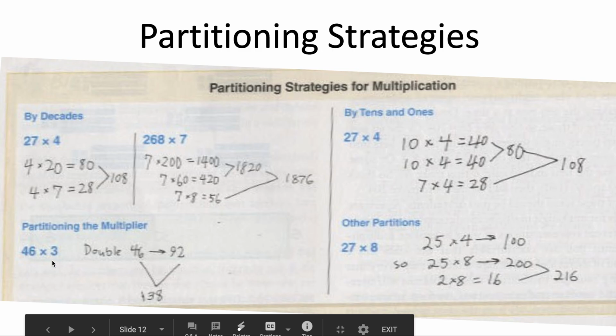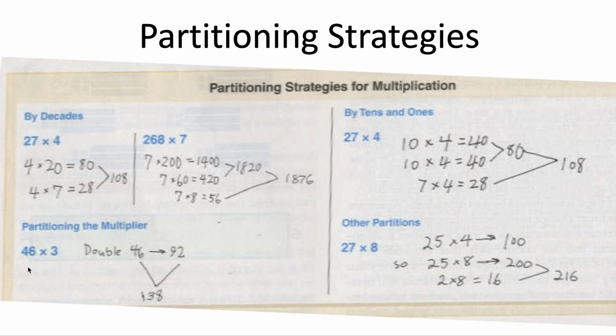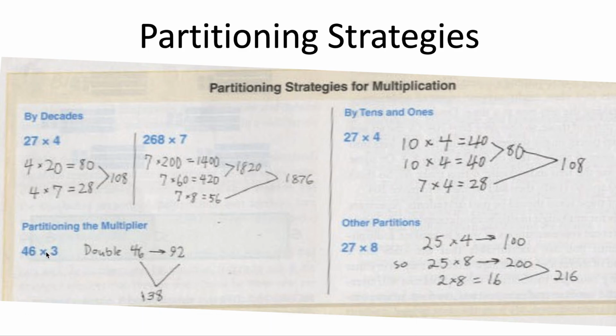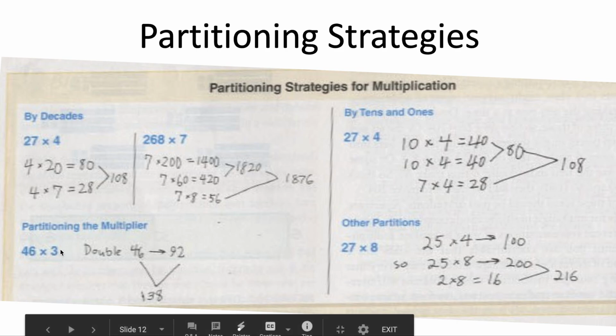But in this case, this is the multiplier and this is the multiplicand because it's multiplied by 3 and 3 is multiplying 46. We call that the multiplier, but just use factor for your students, okay? Anyways, instead of partitioning this number, this student partitioned 3 as 2 and 1.